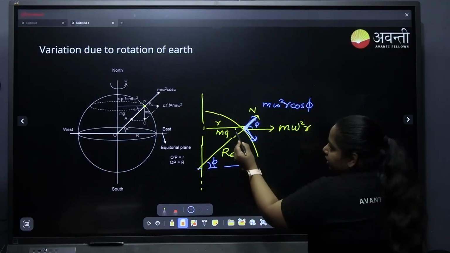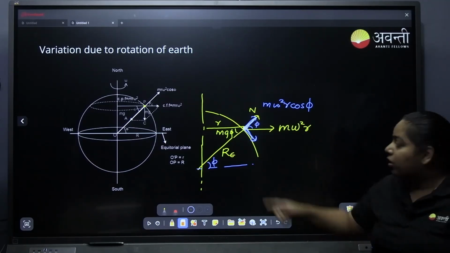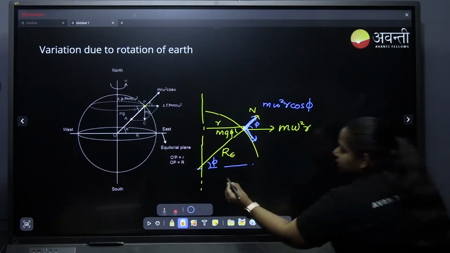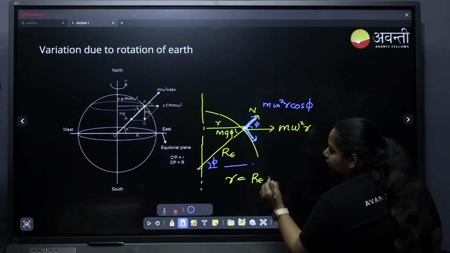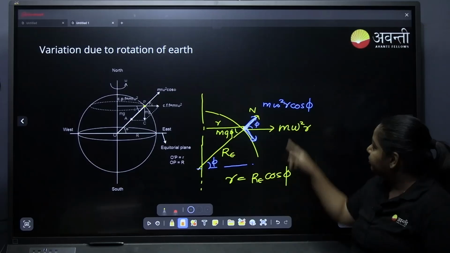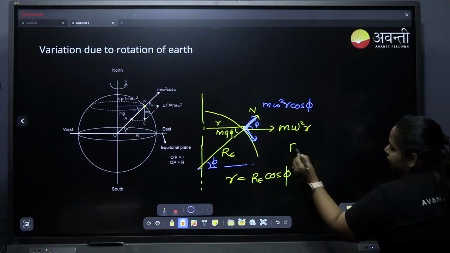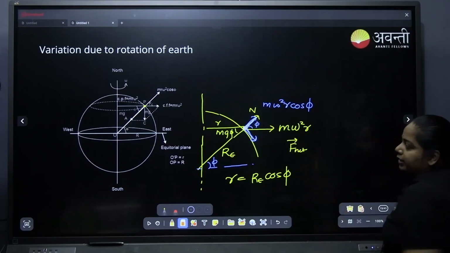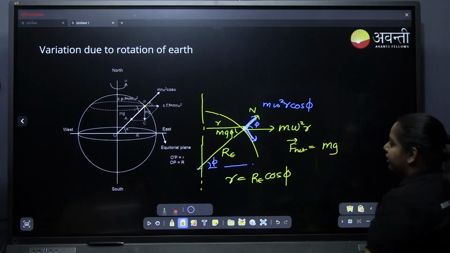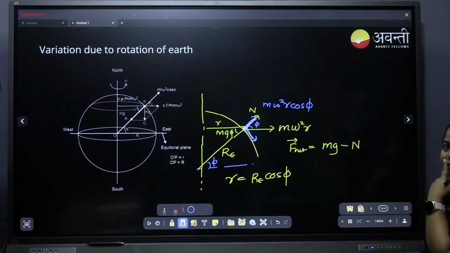If this is phi, this is also phi, so cos phi equals opposite by hypotenuse. From this we get small r equal to RE cos phi. We can substitute that value here also. So if you take the net force F net for the person, there will be mg acting downwards minus N, then what will be there?